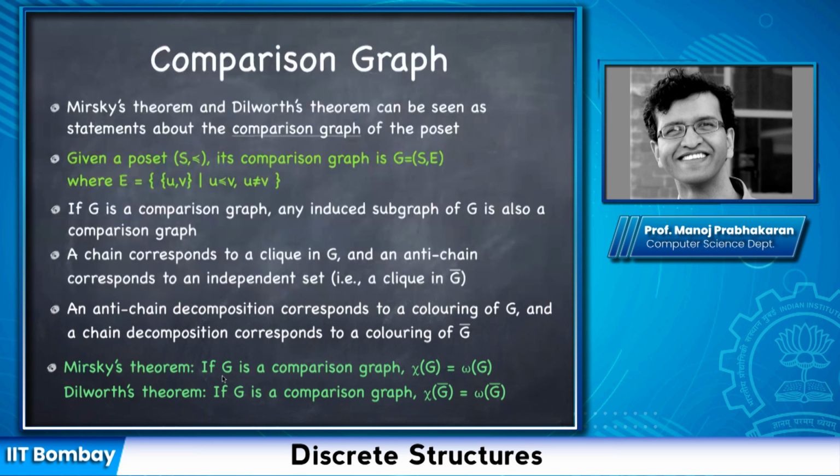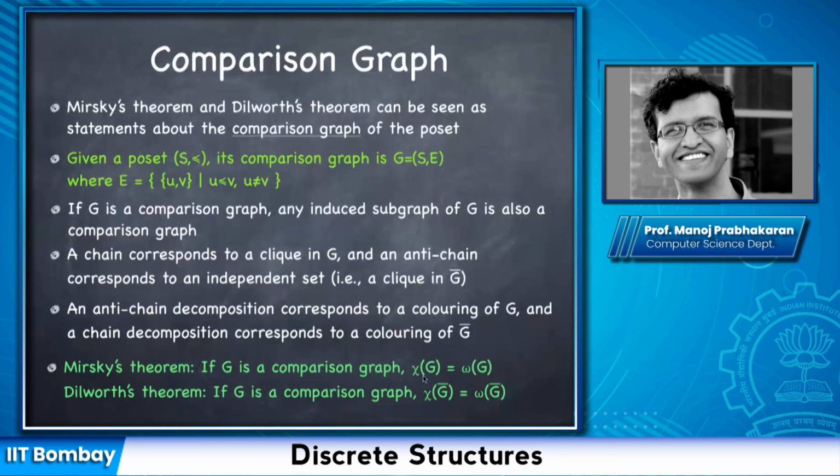Give me an arbitrary comparison graph G. The chromatic number of G, which is to say the smallest number of colors you need to color G, which is the smallest anti-chain decomposition of the poset, is exactly the same as the clique number of G. That's the size of the largest chain.